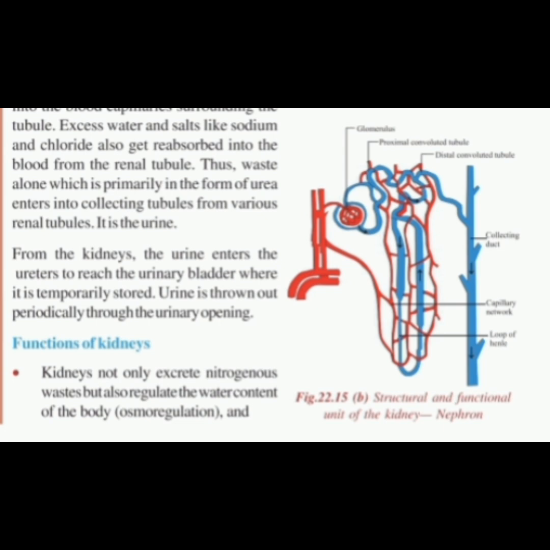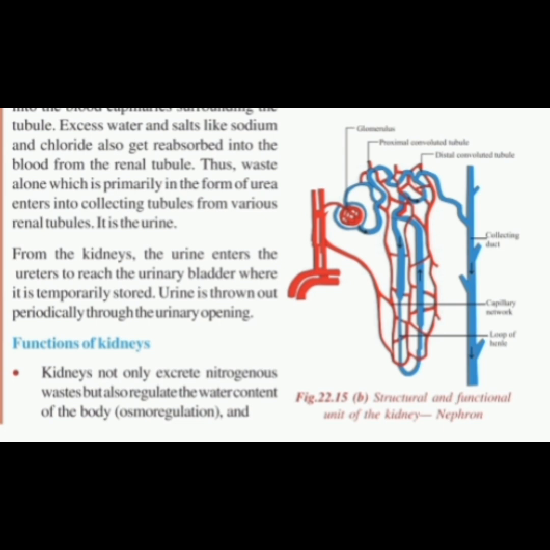The excess water, salt, sodium and chloride are also reabsorbed into the blood and sent again into the bloodstream through the renal tubule. The waste alone is converted into the form of urea, so that it is excreted in the form of urine.